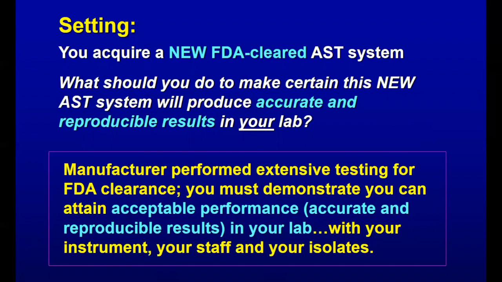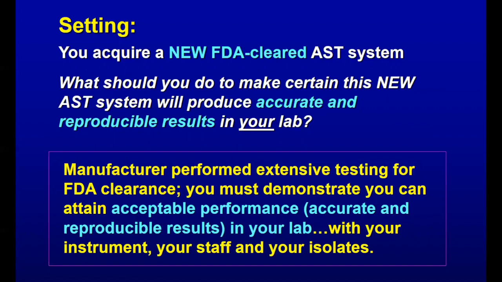Okay, so let's start with the example where you have acquired a new FDA-cleared antimicrobial susceptibility test system. And the question here is, what should you do to make certain this new system will produce accurate and reproducible results in your laboratory? I think it's very, very important to remember, as we heard from Beth, when the manufacturer submits their product to the FDA to get FDA clearance of that device, they perform extensive testing.